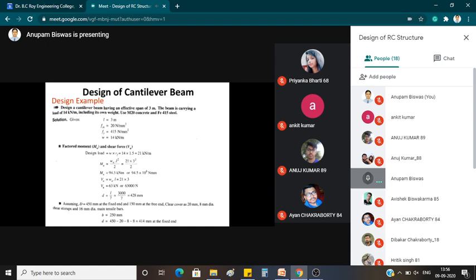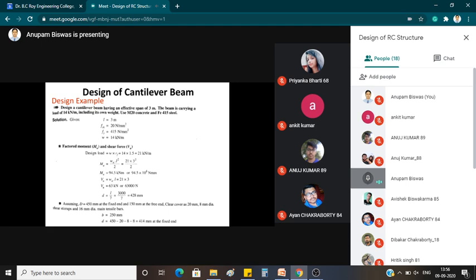Now we know that for the deflection criteria, the value of L by d should be 7. Considering this, we can take the effective depth of the beam as span by 7, so 428 millimeter we can consider.